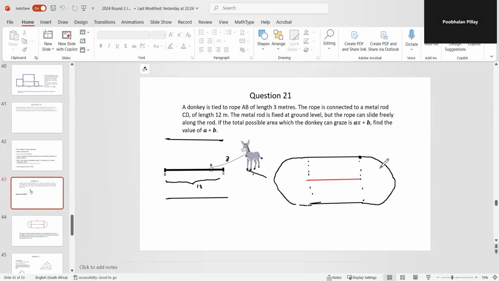So we need to calculate that area. Now remember, this rope is 3 meters here, and it's taut at these places. And the rod is 12 meters. So you actually have a rectangle in between.